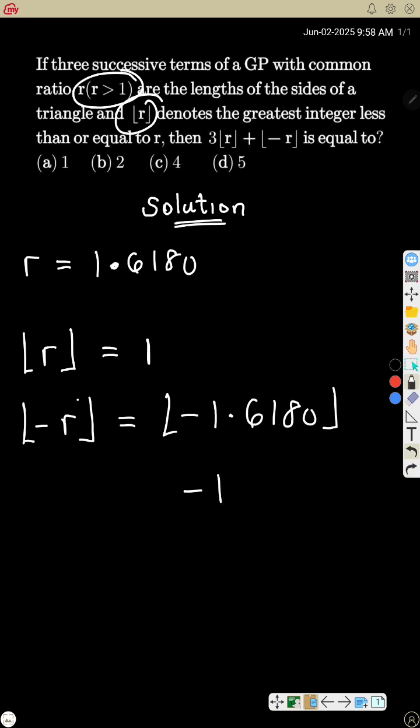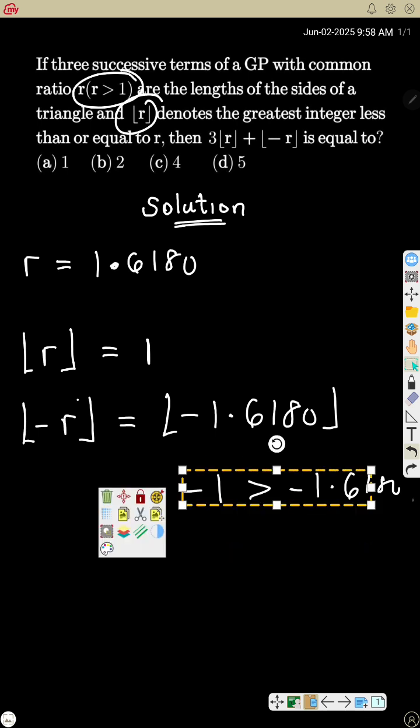No. Remember, minus 1 is greater than minus 1.6180 in negative. So our floor function is the number that is less, the immediate number that is less than that. So the number that is less here will be minus 2.